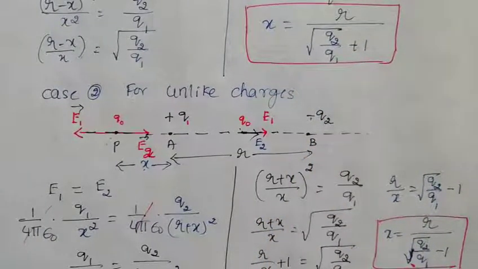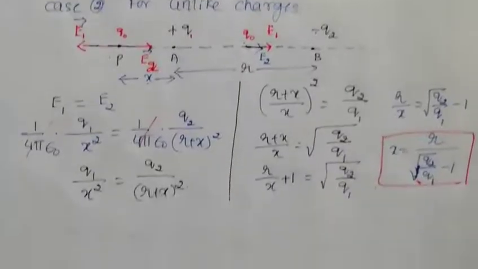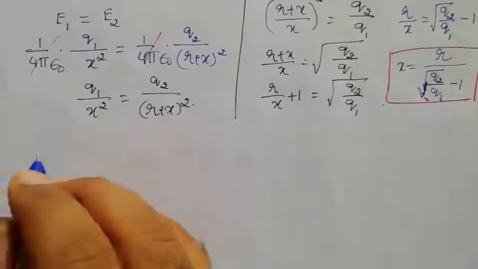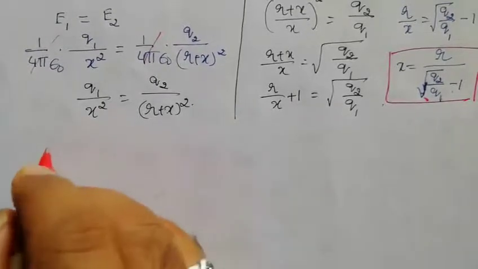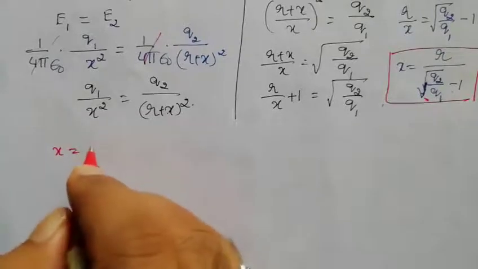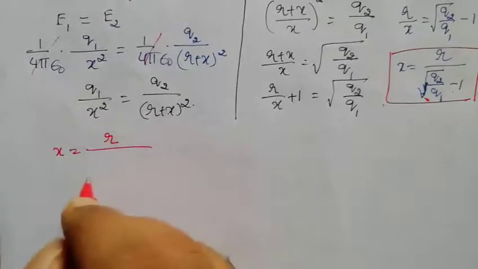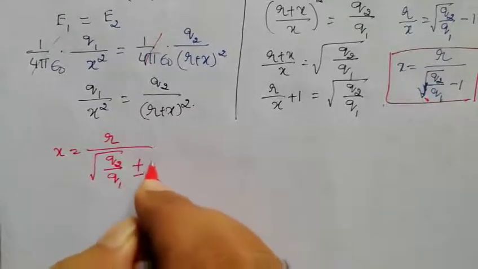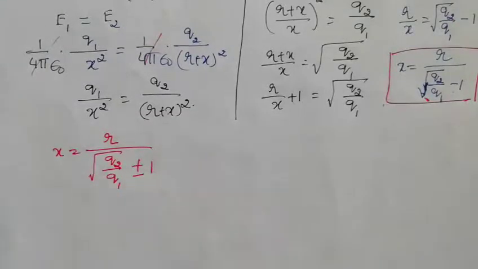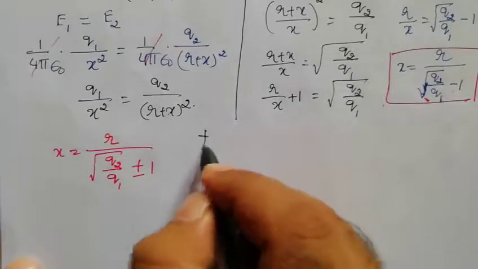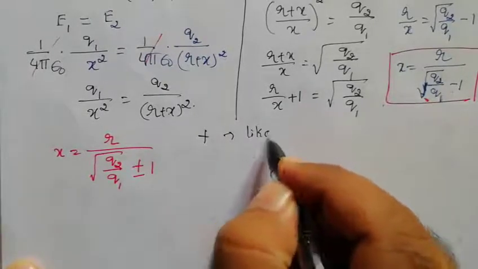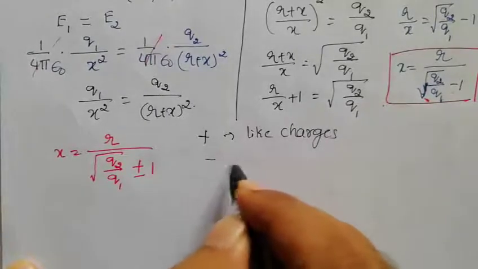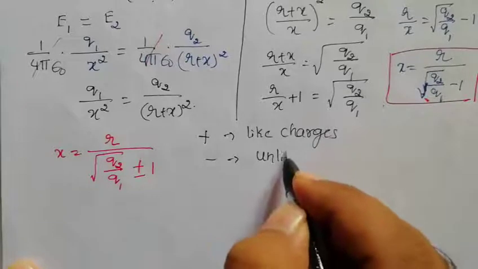So in conclusion, the simple formula is x equals r by square root of q2 by q1 plus or minus 1. The plus is for like charges, and the minus is for unlike charges.